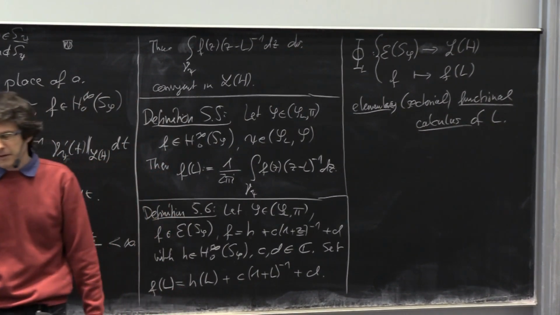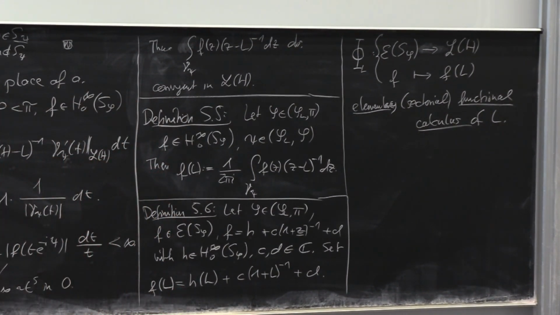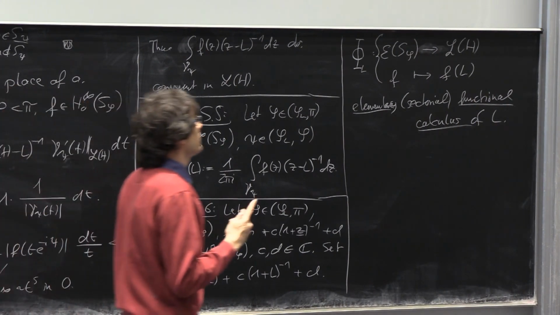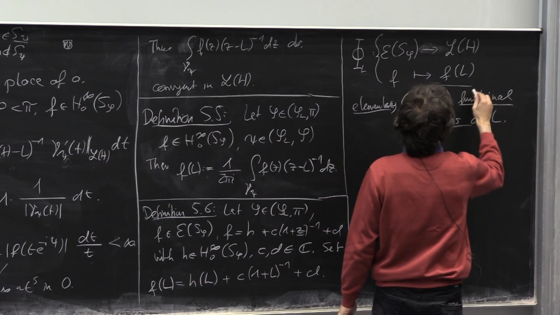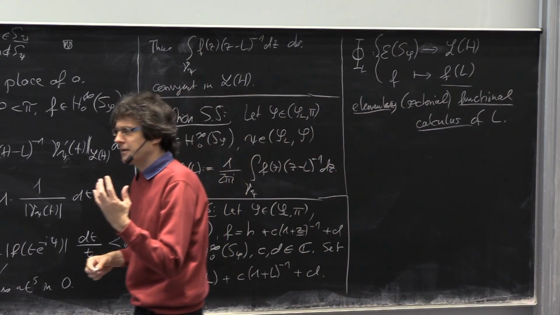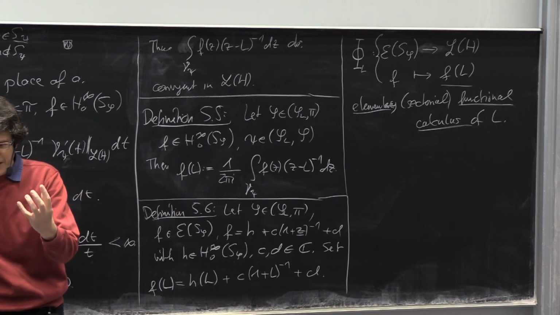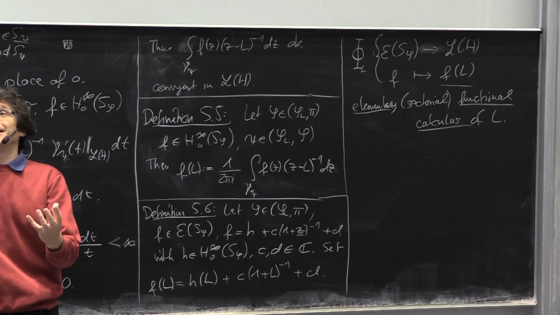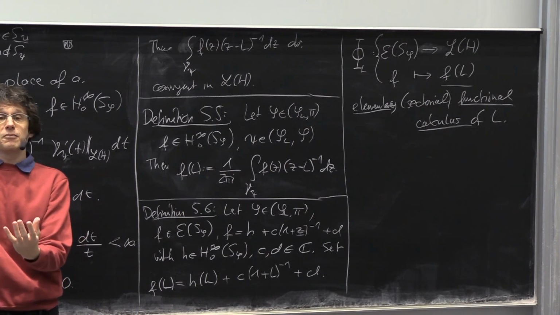because this is often a source of misunderstandings when you see a functional calculus first. This writing f of L is a very suitable thing, and it's nice because somehow it's a notation that captures what is done. You take the operator, you plug it into the f.